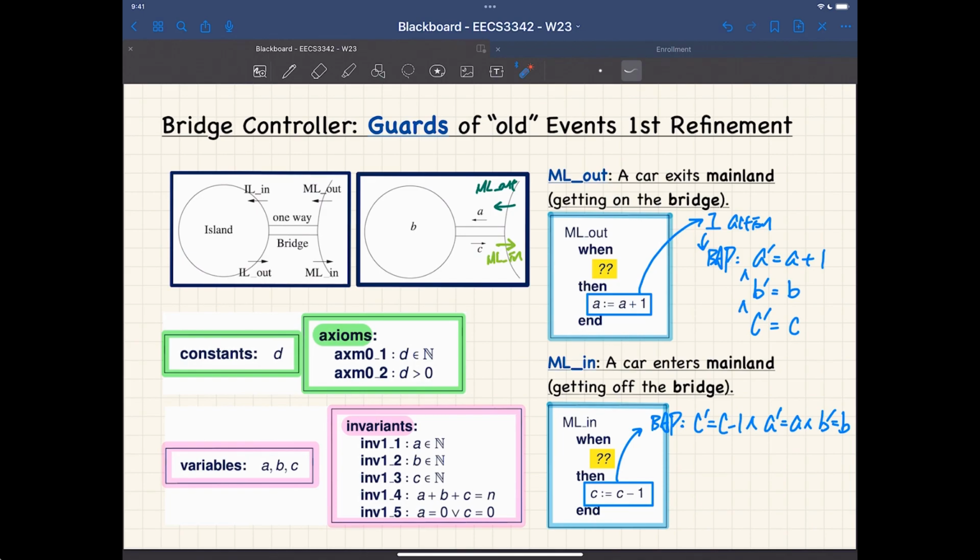And to really save you some time, of course, it's more like a trial and error process in case you really got the guards, let's say, wrong. In that case, you definitely got some proof obligation either on Rodin or on the paper that's unprovable. In which case, you have to review the unprovable sequence like how we did it last time and fix the model accordingly. That's one way. Or I can simply tell you that this is what you should do. Let's save some time. Let's do the second way.